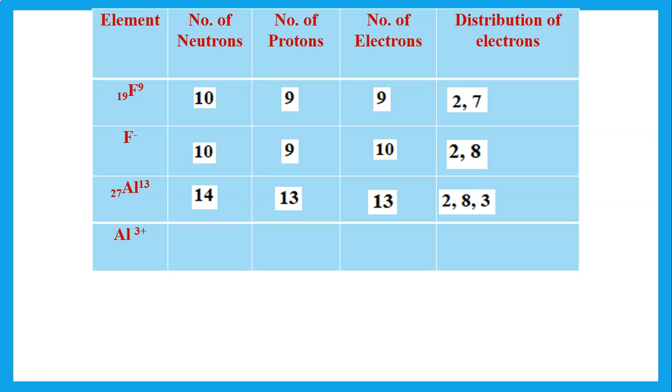The 3+ does not affect the number of neutrons or the number of protons, because 3+ means it has an extra 3 positive charges. That means it has lost 3 of its electrons, and instead of having 13, I now have 10 electrons. How do we distribute them? 2 in the first shell, 8 in the second.